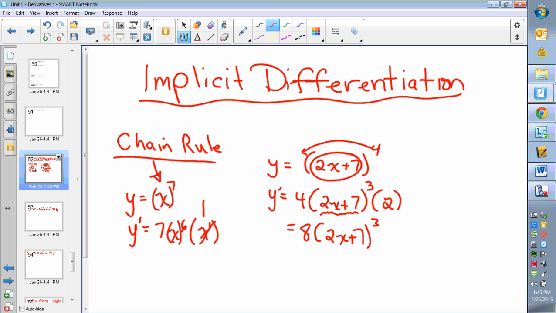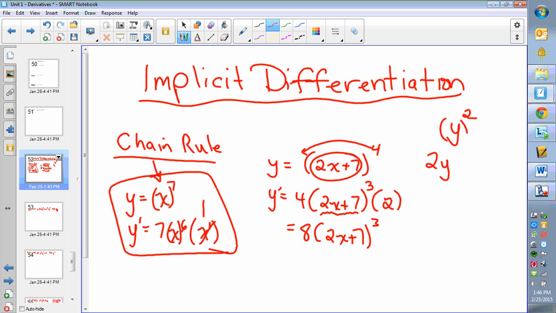So when we apply that concept to an equation that has a y in it, if you were taking the derivative of y squared, you would get 2y times the derivative of what's in the bracket, which is y prime. And you need to write the y prime down.